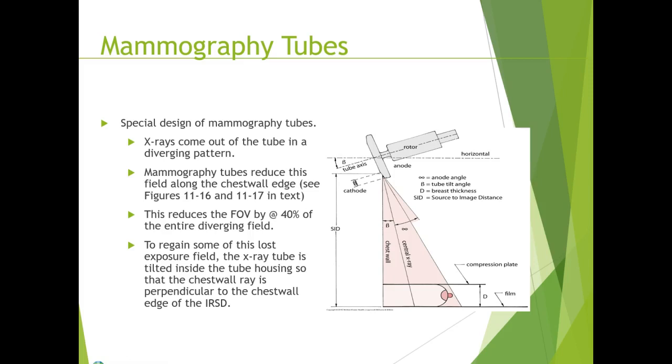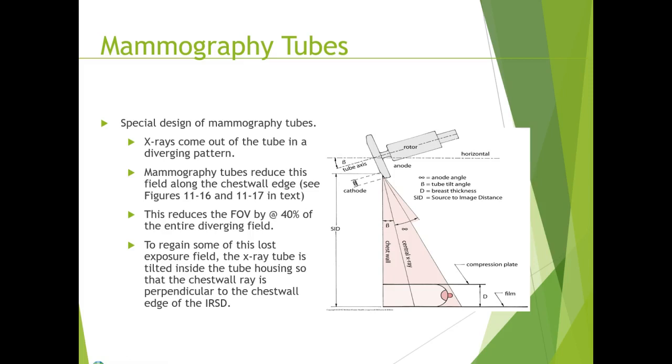So they've reduced this field along the chest wall, as you can see in this diagram here. It reduces the field of view by about 40% of the entire diverging field. To regain some of this lost exposure field, the X-ray tube is tilted inside the tube housing so that the chest wall ray is perpendicular to the chest wall edge of the image receptor.